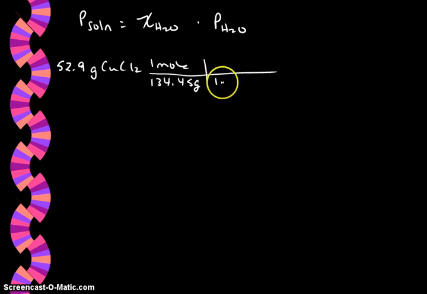And then for every 1 mole of copper chloride, we're going to have 3 moles of ions. That means our effect is going to be 3 times. So 1.18 moles of ions.